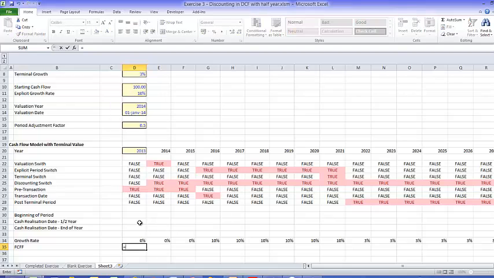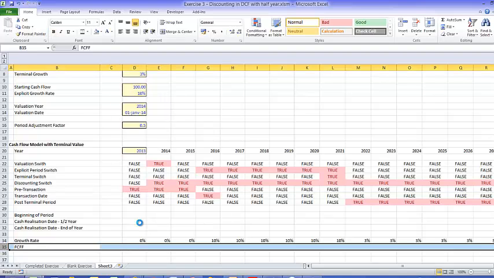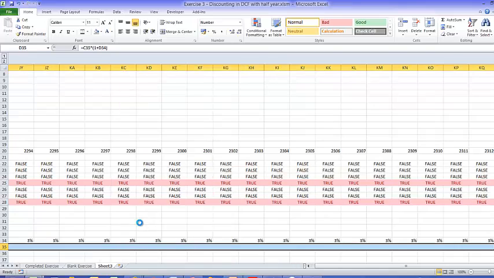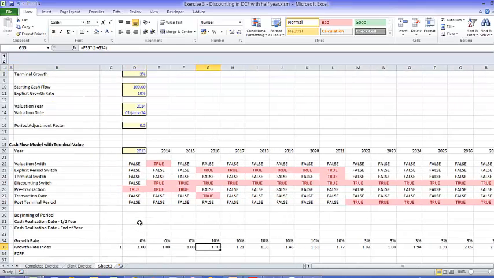Okay, so our free cash flow, if we take a free cash flow over the entire period, let's put a growth rate index here. Let's start with 1, and say it's this one times 1 plus the growth rate. And I wonder if I should do this differently. The cash flow, suppose we could do a growth rate index.